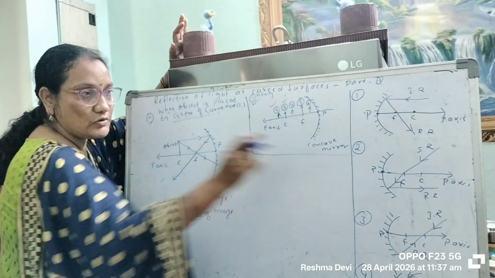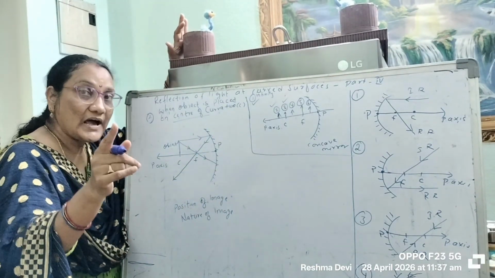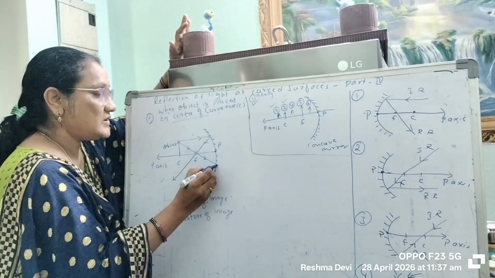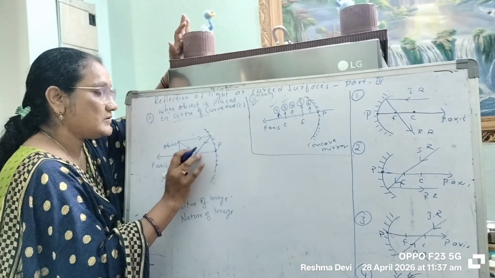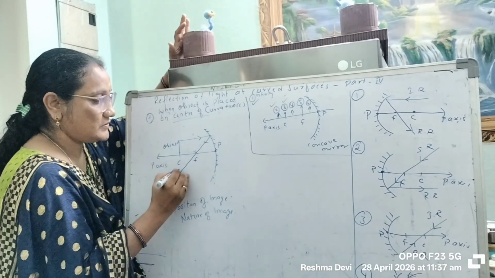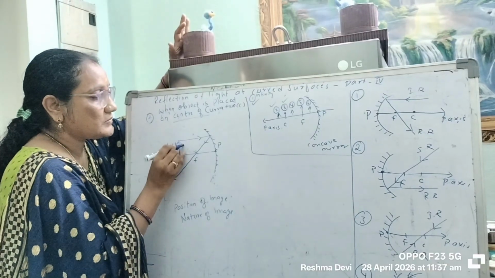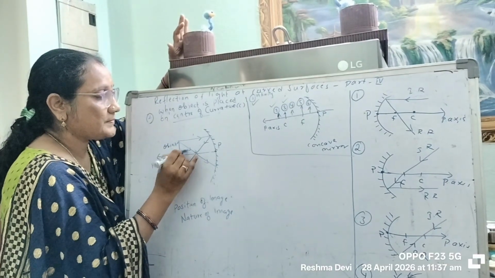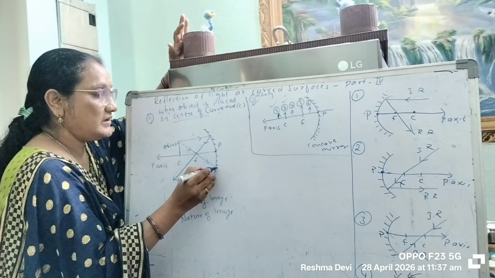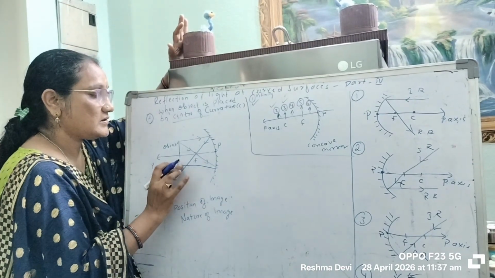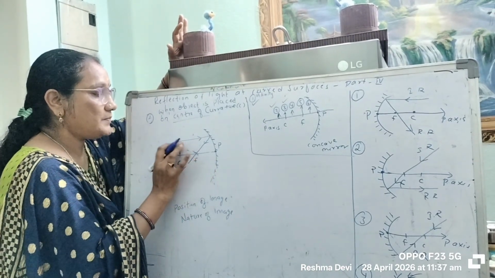After reflection, rule 2, it travels parallel to the principal axis.